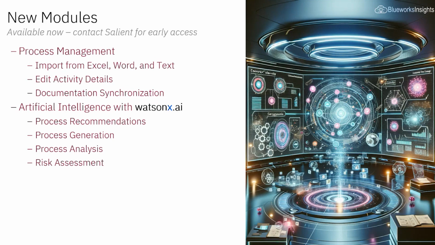So, doing things like recommending processes just based on some prompts or instructions, being able to generate process from things like documents, images, audio, doing process analysis on those processes, either generated or from Blueworks Live itself, and then doing risk assessments. So tying that into the risk module, we see a value of being able to automatically identify potential risks and recommended controls within a process, and then feed that into our compliance module.